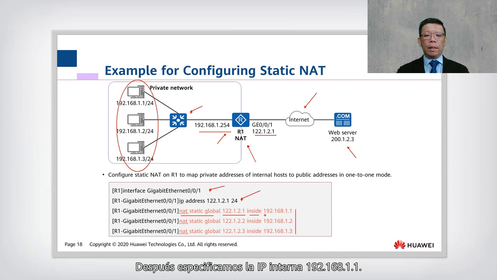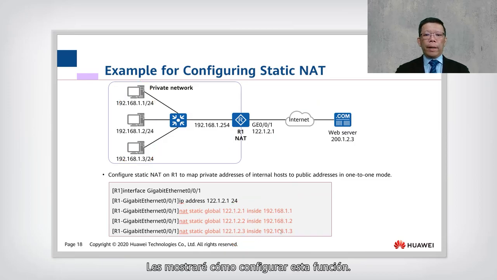Then we specify inside as 192.168.1.2, and you repeat it for the other external IP addresses. Again, these IP addresses are assigned to you, and these are your internal IPs. So just using these 3 commands, you are able to allow the internal hosts to reach the external using the public IP addresses. As I mentioned again, these are public addresses owned by the company, and this is one-to-one mapping. You are not saving any IP addresses here.